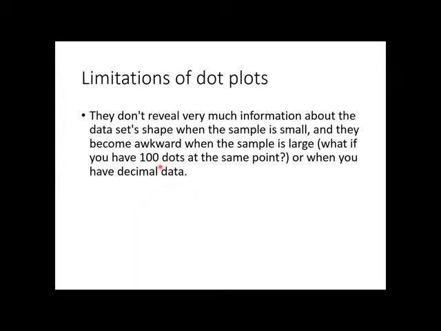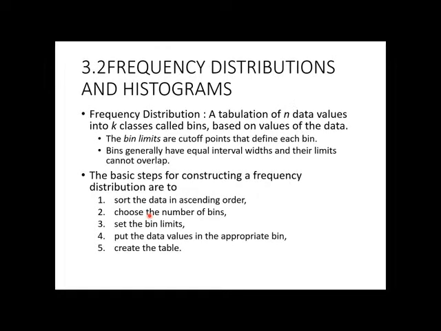If you have decimal data, the dot plot is not working, since all of the dots are repeated only once. That's why we have to draw the histogram. The frequency distribution and the histogram are important.